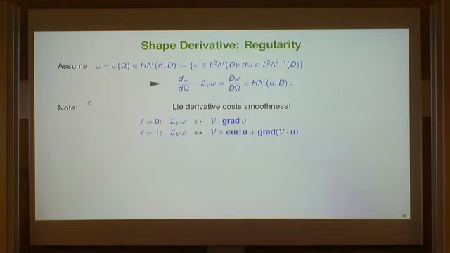But the Lie derivative, when you look at it from the point of view of the vector proxies, you immediately see there's a differentiation. The Lie derivative reduces smoothness.